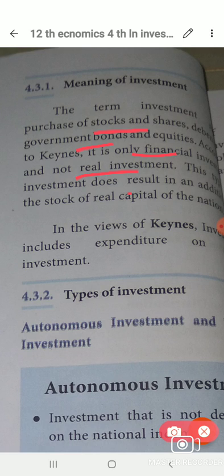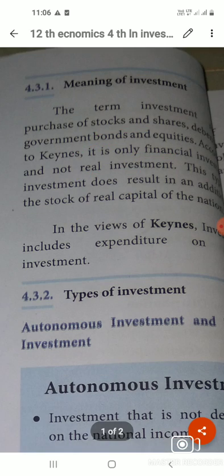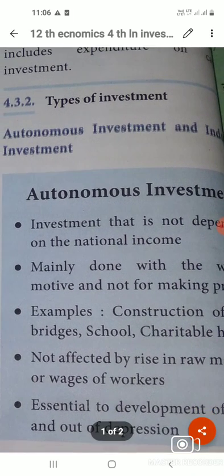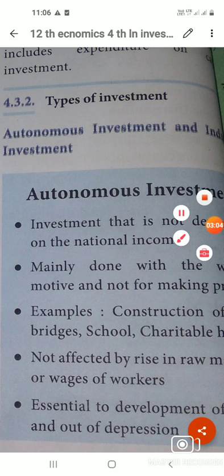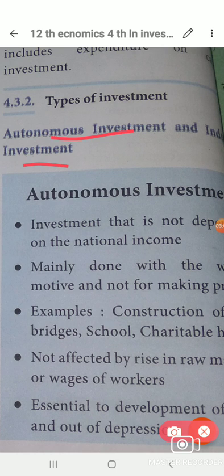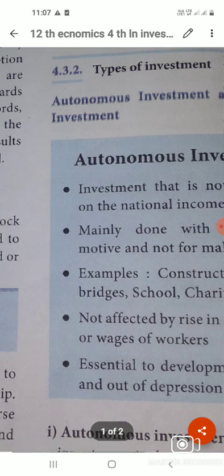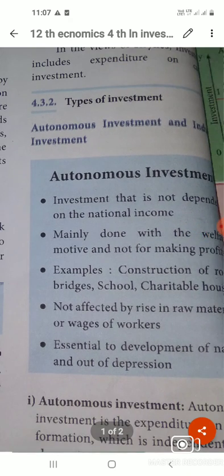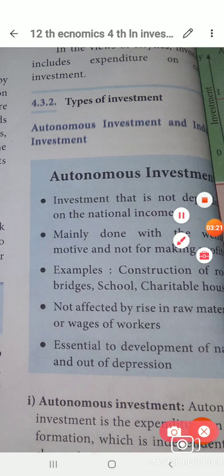And then, types of investment. What are the types of investment? Two types are there: autonomous investment and induced investment. Autonomous investment means what?